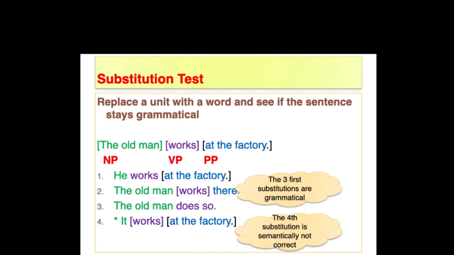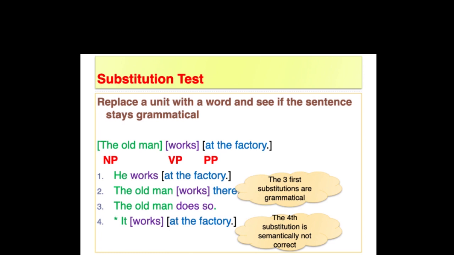We consider that "the old man" is the NP constituent. Another constituent is the VP, which stands for "works". And the third constituent is the PP, the prepositional phrase, which is "at the factory". Now, with the substitution test, let's consider that we are going to replace "the old man" with "he".